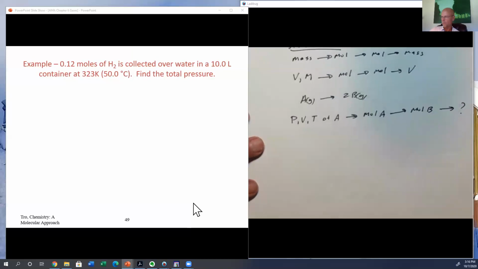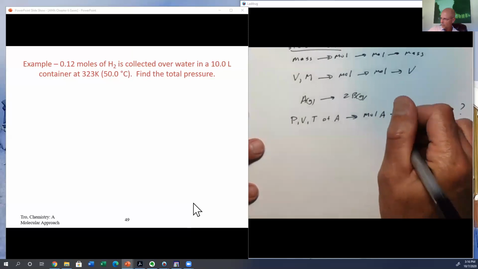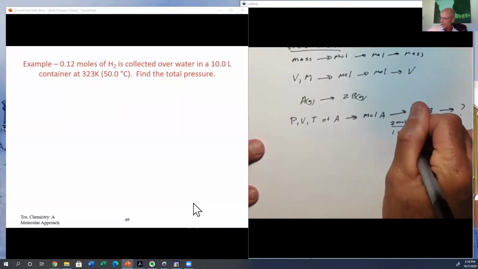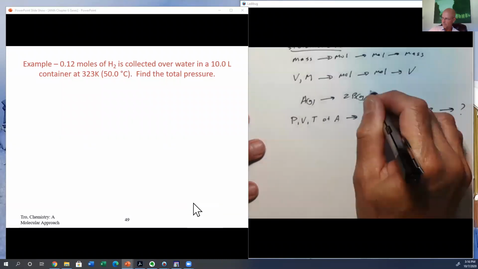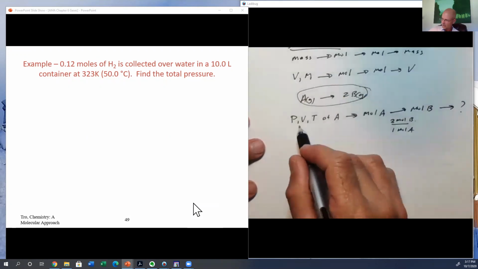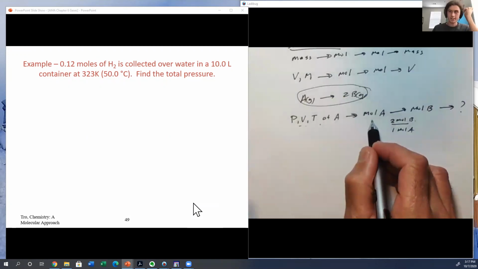The very important thing is that this conversion comes from the balanced equation. In this case, it would be 2 moles of B for every 1 mole of A. That's your stoichiometric relationship that comes from the balanced equation. And to get from PVT to moles, we just use the ideal gas equation.